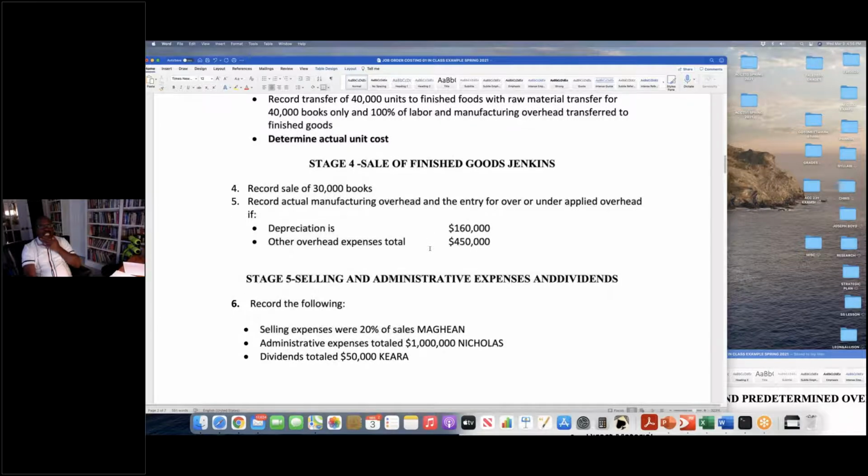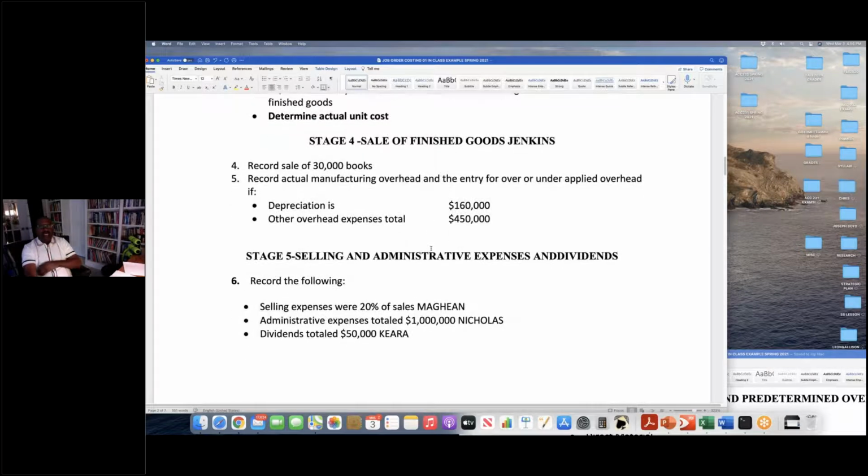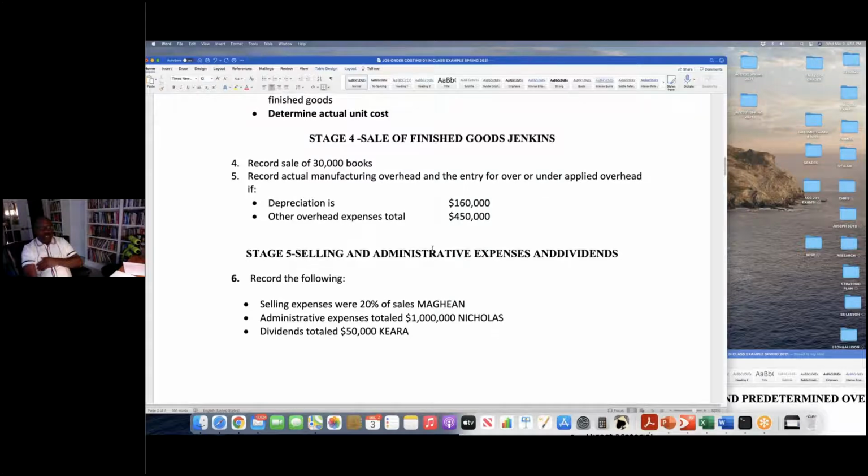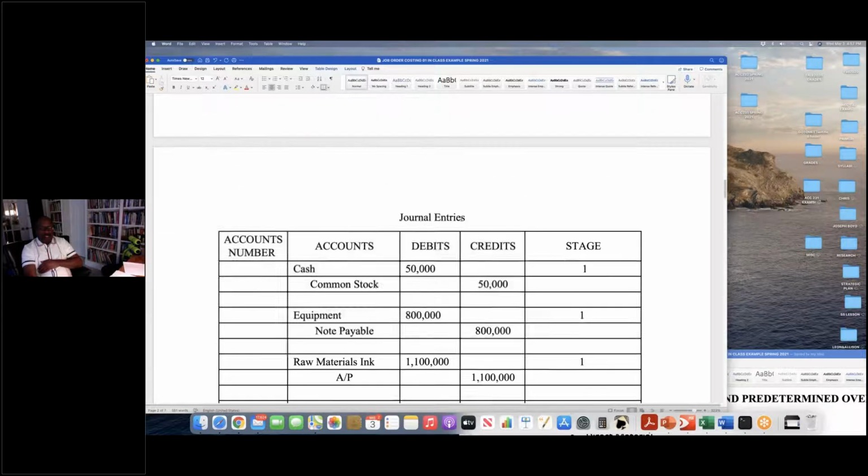It says the actual overhead is 160 for depreciation and 450,000 for other costs. So our total overhead is what? 610.